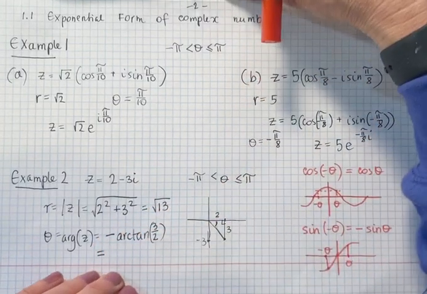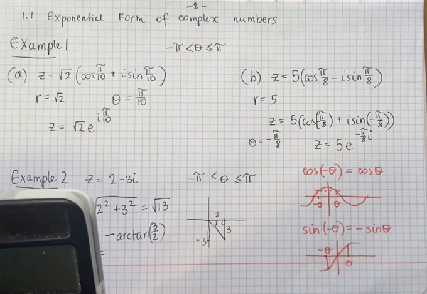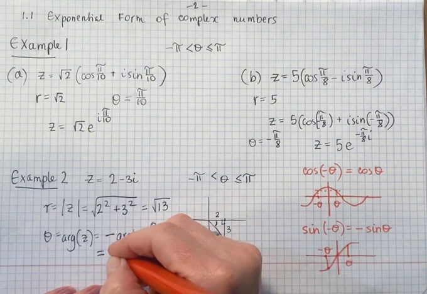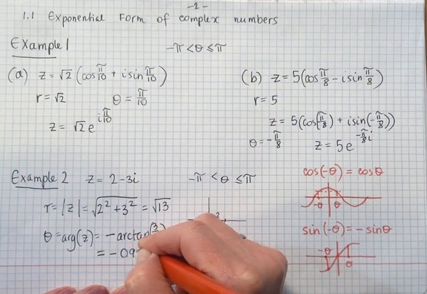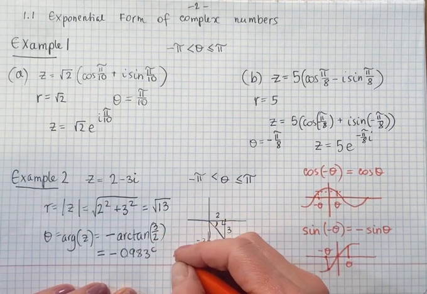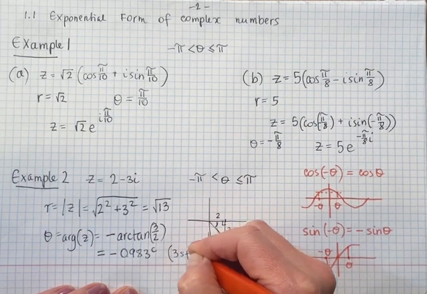Quickly do it with a calculator. So this is minus 0.983 radians, you can put the radian symbol or put RAD. This is to 3 significant figures.